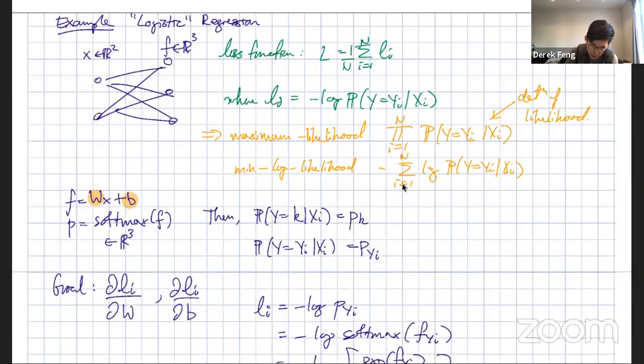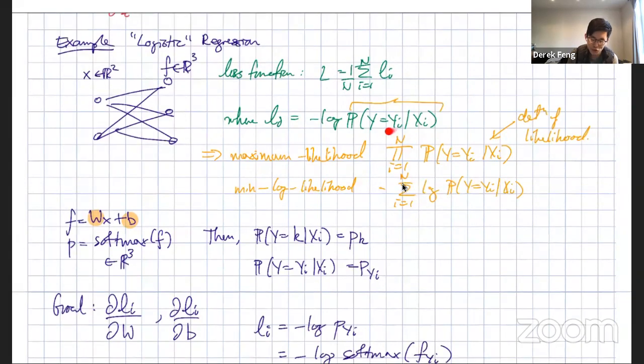What is this expression? It's saying what probability do I assign to the class that I see attached to this x. And clearly I want to be maximizing this probability.